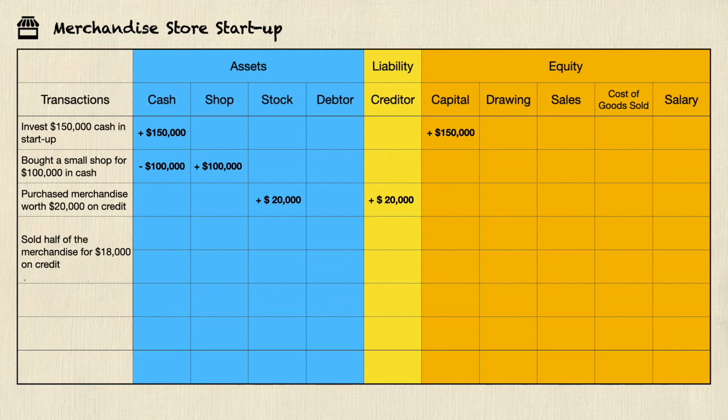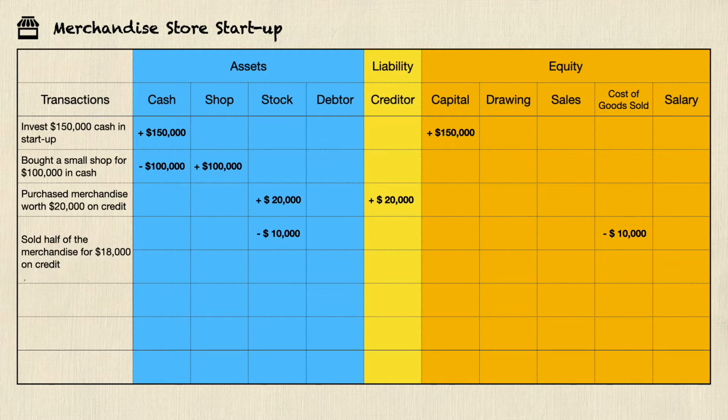This will result in a decrease in stock by $10,000, which is half of the $20,000 stock just before the sale. This reduction in stock represents the consumption of resources to meet the needs of the customer. This will result in a reduction in equity and classified as an expense, which we will call cost of goods sold.